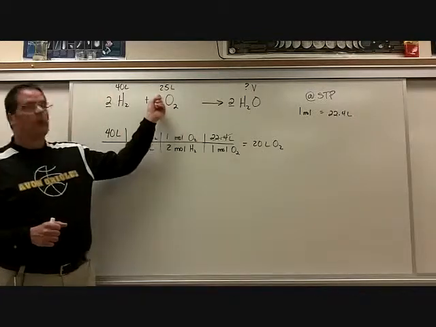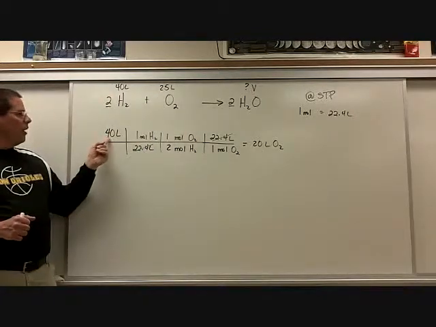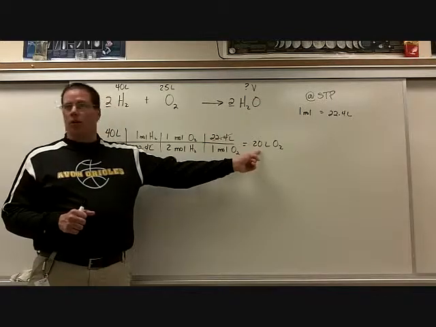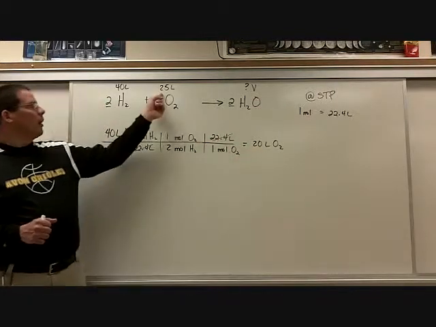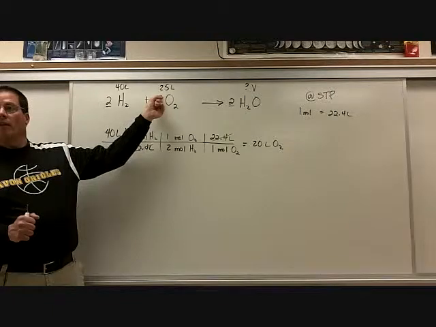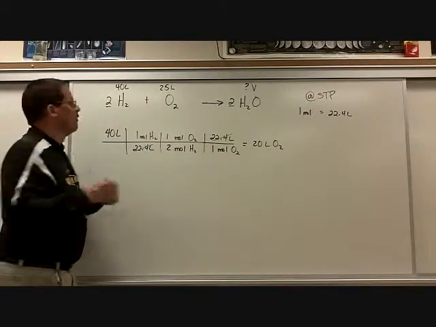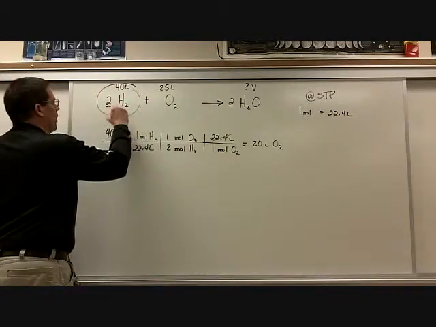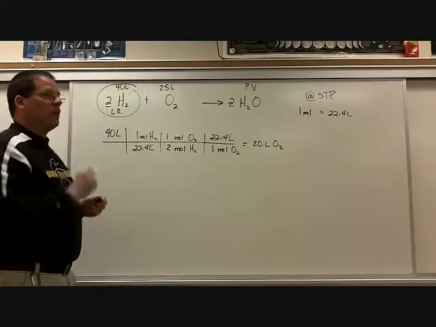How much do I have? I have 25, so I'm only going to use 20 and will have 5 liters left over. So the 40 liters of hydrogen is the limiting reactant. Very good. That's my LR.